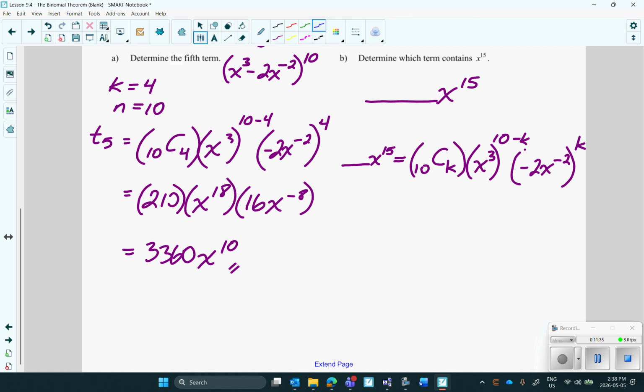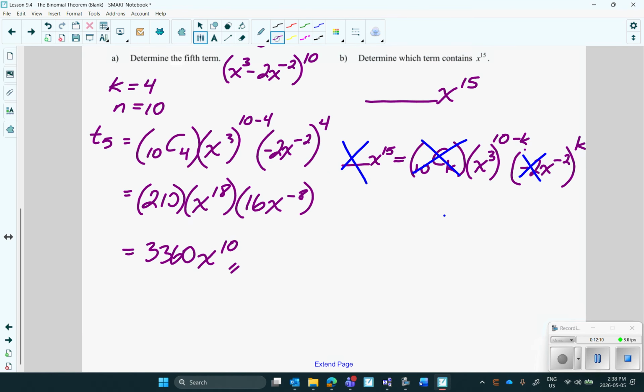This is going to give me a number, I don't care. This is going to give me a number too, I don't care. So every time you get a question like this, don't worry about the information in front of the last term you're given. Don't worry about the nCk part. Don't worry about any coefficients. Focus on the exponents.